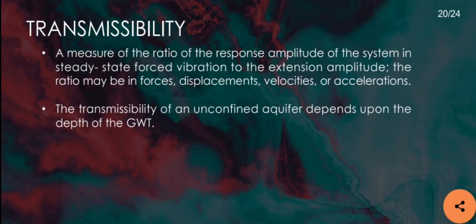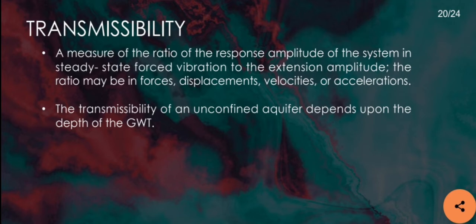Next is transmissibility. Transmissibility is a measure of the ratio of the response amplitude of the system in a steady state forced vibration to the excitation amplitude. The ratio may be in forces, displacement, velocities, and acceleration.